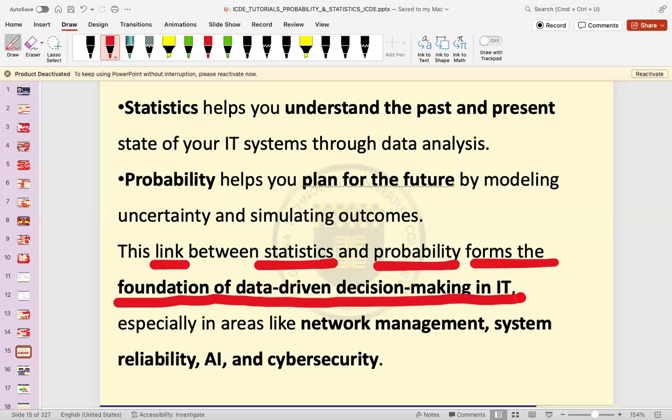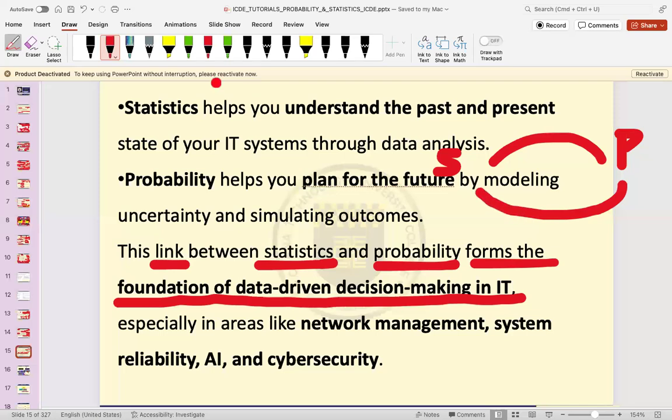I repeat, from what we have learned today, we can say the link between statistics and probability, which I just did. We move this way, sample to population, and then we moved again from population to sample.